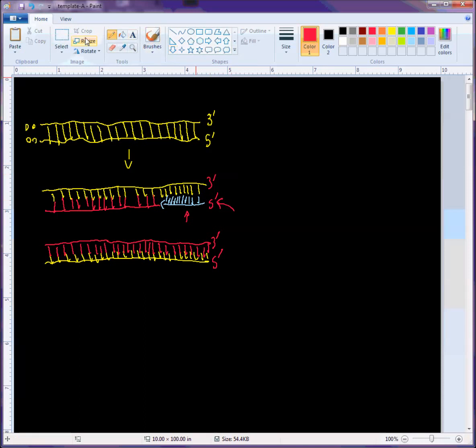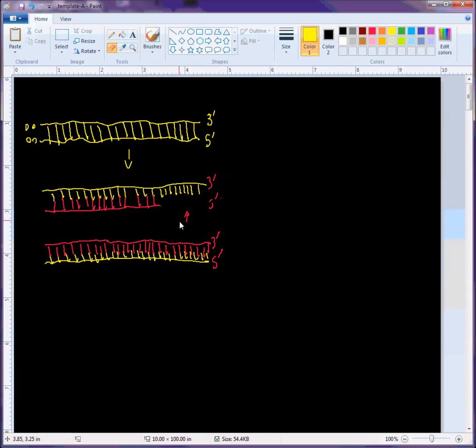So what I'm going to do here is just erase these. So they're going to be lost. Some exonuclease is going to cut them out, or I don't exactly know how they're lost, but they are lost. And so eventually we end up with a DNA molecule that looks sort of like that.